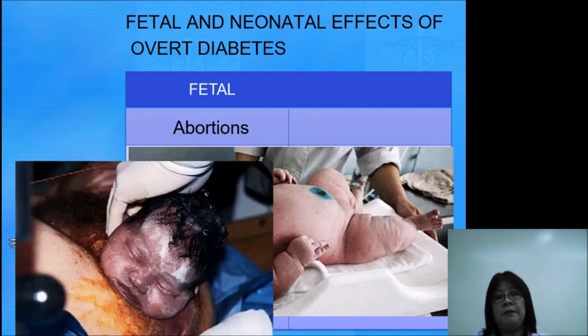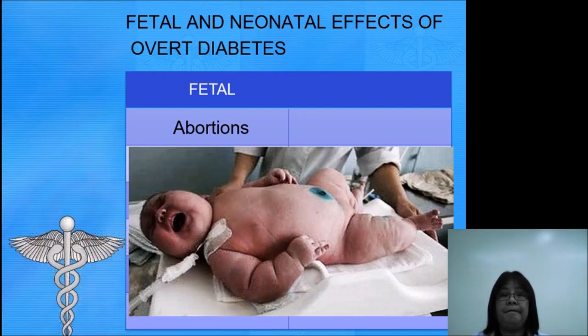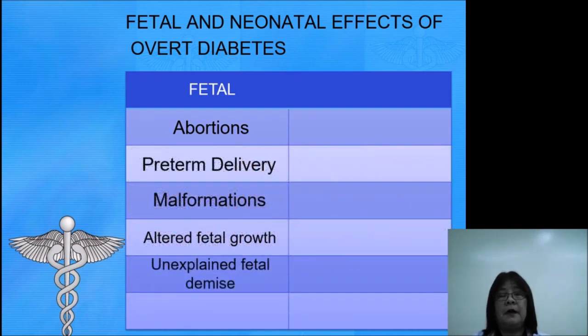And what will be the complication if the baby is too big or macrosomic? This is shoulder dystocia. You can deliver the head, but you cannot deliver the body. Worse will be an unexplained fetal demise.